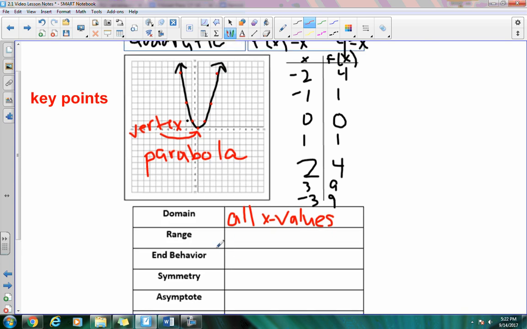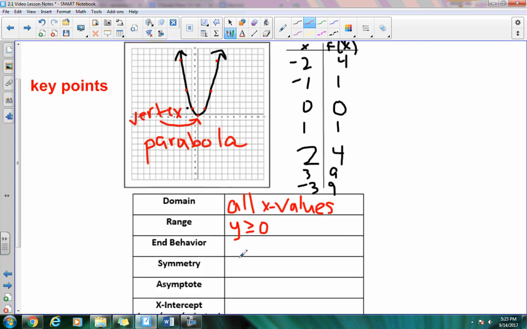For this parent function, the range is all y values greater than or equal to 0. It's all these y values above 0. If we were to reflect this parabola, then the range would be all y values less than or equal to 0.